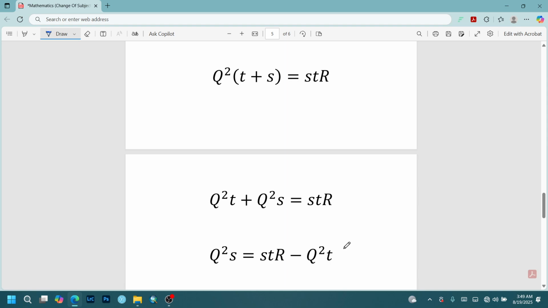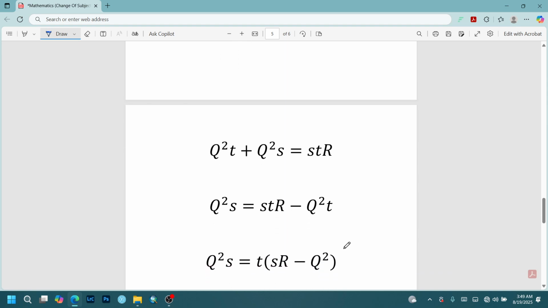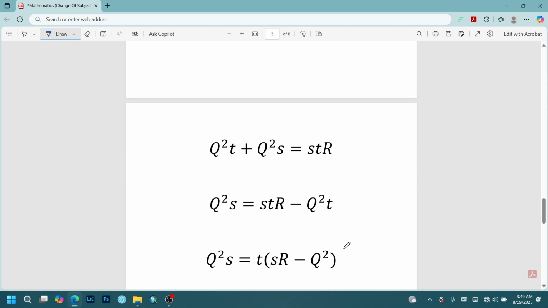So we have our new equation to be k square t plus k square s equals str, okay? So based upon our question, right, we were asked to make t the subject of the relation, okay?